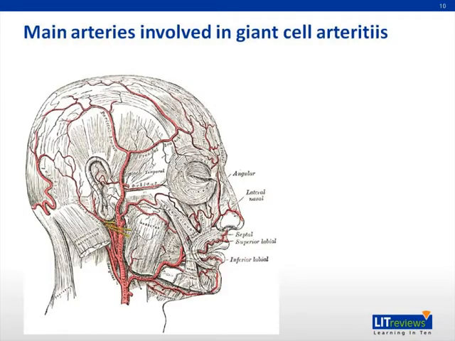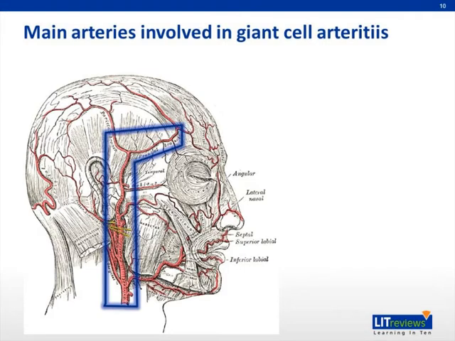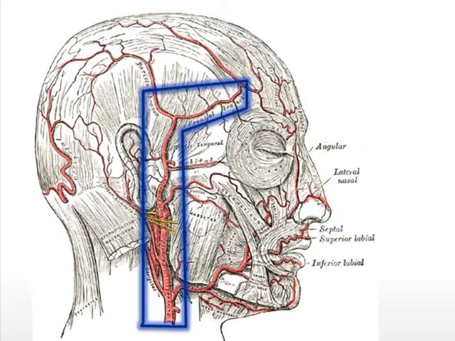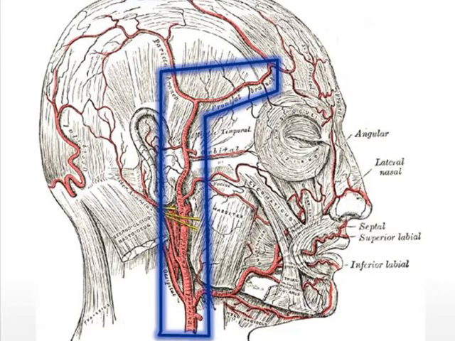Here we show the main arteries involved in giant cell arteritis, in particular the superficial temporal artery. If we were to take a cross-section of this artery, what would we see? Compared to the normal artery, we first see initial damage to the media and internal elastic layer. Second, panarteritis develops and intimal proliferation causes luminal occlusion.